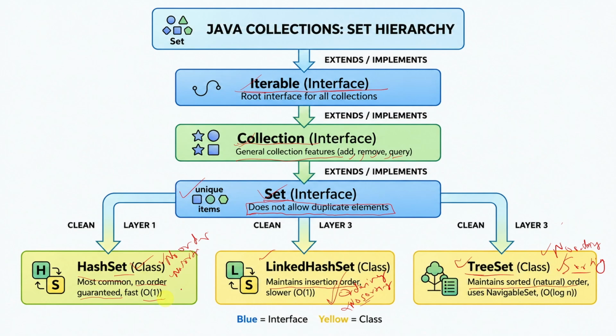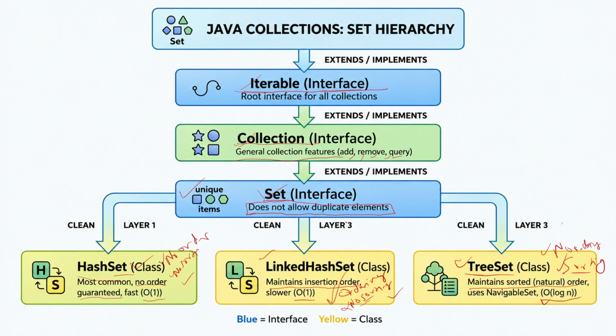For HashSet, it is O of 1. For LinkedHashSet, time complexity is O of 1. Whereas TreeSet, it is O of log n. Time complexity can be asked in an interview, and mostly these 2 points are important as part of the set implementation classes.